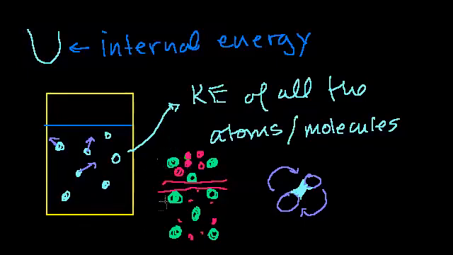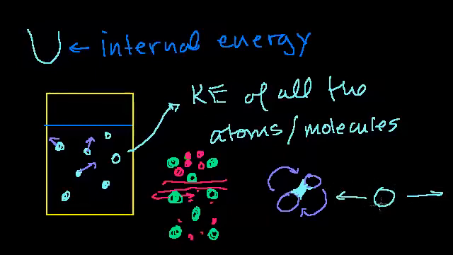It also includes literally every form of energy that exists here. It also includes, for example, in a metal, if we were to heat this metal up, the atoms start vibrating, right? They start moving left and right or up or down or in every possible direction. If you think about an atom that's vibrating, it goes from here, then it goes there, then it goes back and forth, right?